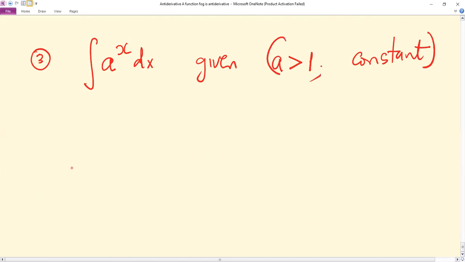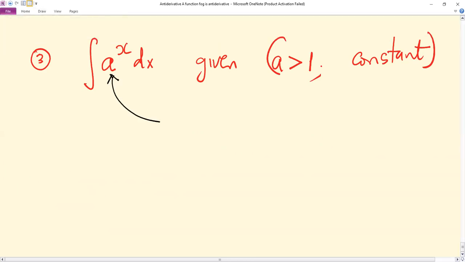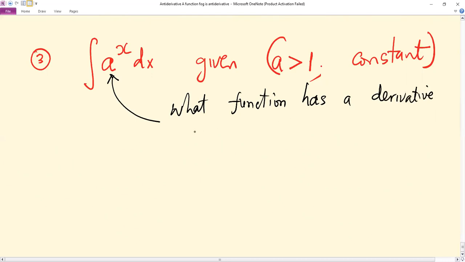So this one, we can know the value if we remember the problem on differentiation of a raised power x. So the question is, what function has a derivative equal to a raised power x? If we know that function, then that would be the solution to this question.